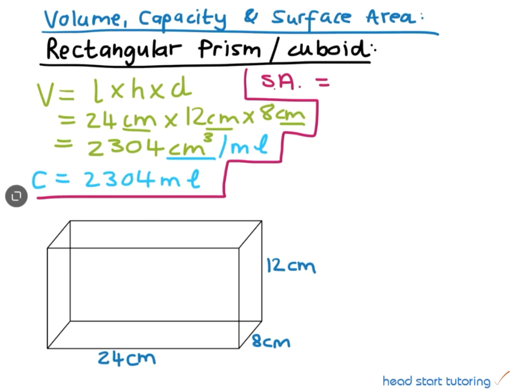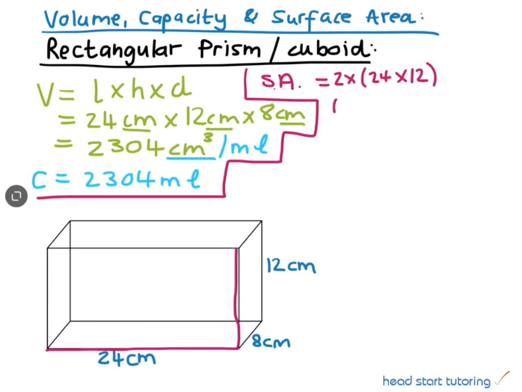We need to work out the area of one of our sides and multiply that by 2, and work out the area of our top or our bottom and multiply that by 2 as well. So let's first work with one of our front or back faces, which is 24 by 12. So we say 2 times 24 by 12.